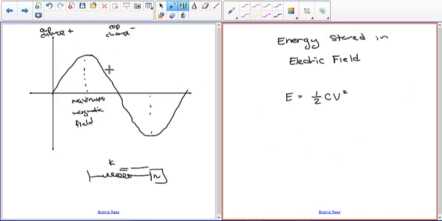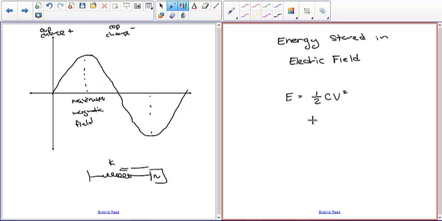I think we talked about this back when we were talking about capacitors, but the energy stored in the electric field in a capacitor is equal to 1/2 the capacitance times the voltage squared. Remember that video with the big capacitors? He did some calculations looking at how much energy was stored in the capacitors based on the voltage and the capacitance. That was where we saw that.